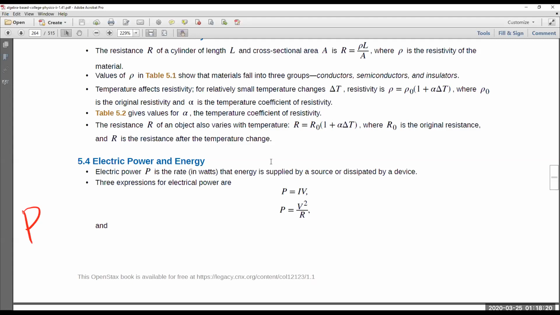So P equals V times I. And we remember from Ohm's law, V is equal to what? From Ohm's law, V is the same as IR. So if you plug in IR here, you get IR times I, which is the same as what?